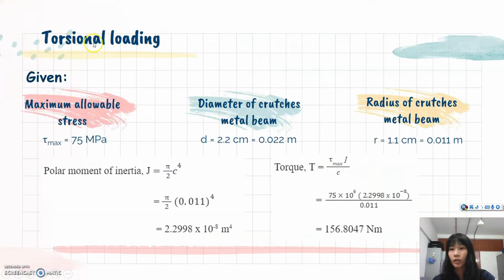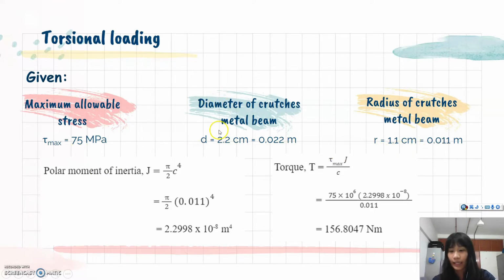Proceed to the next, torsional loading. Given that the maximum allowable stress is 75 megapascal and the diameter and radius are the same as previous, which are 2.2 cm and 1.1 cm respectively.